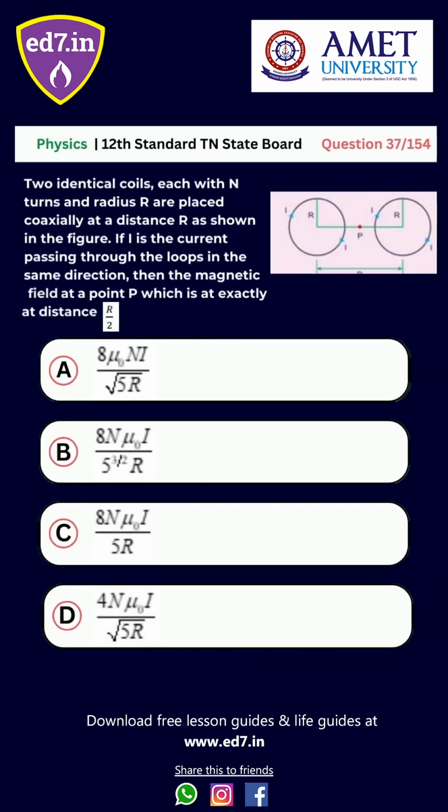Question number 37. Two identical coils, each with n turns and radius r, are placed coaxially at the distance r as shown in the figure.